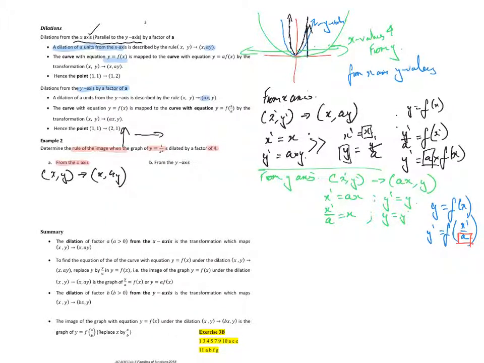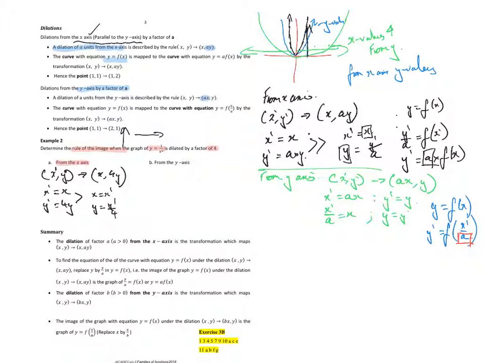The y value gets multiplied by a factor of 4. So my new x value is just the old x value. The new y value is simply equal to 4y.